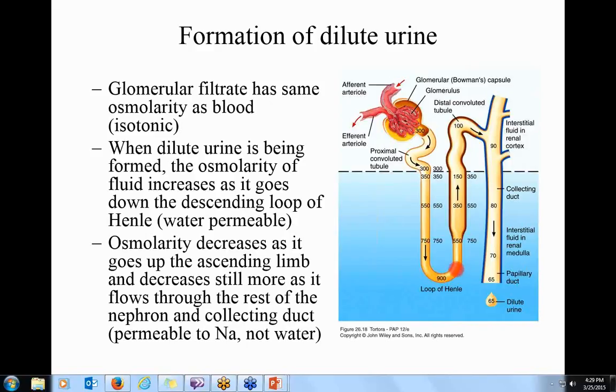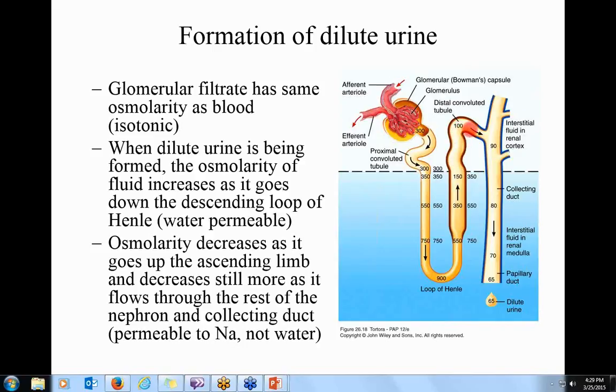However, as you come up the loop, what's occurring is the active transport of sodium and chloride. So sodium and chloride are being actively transported out, and as they are, your urine becomes more and more dilute.